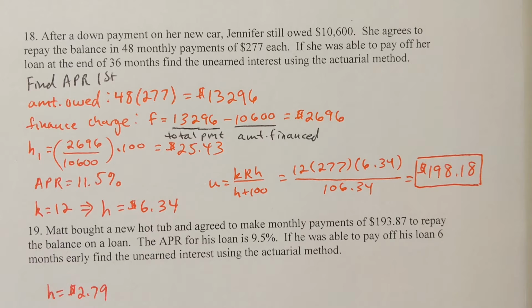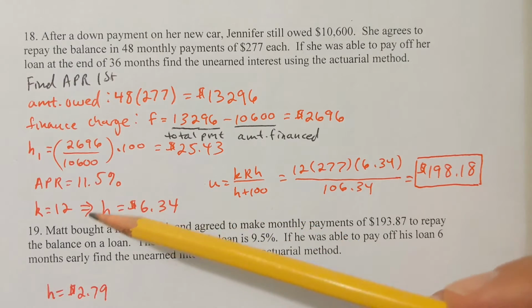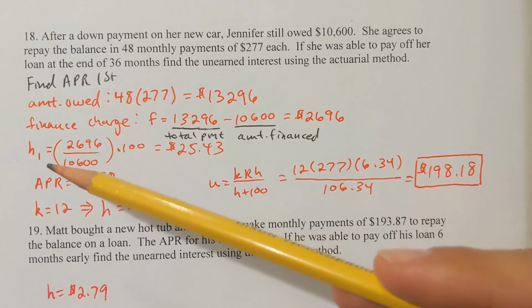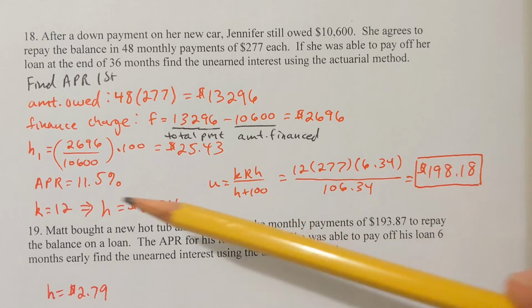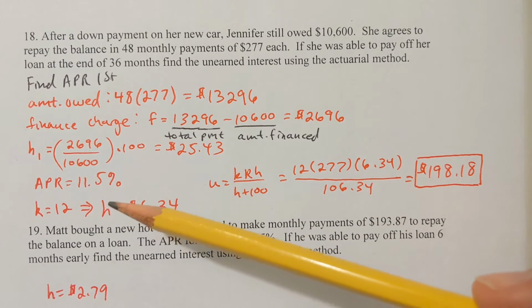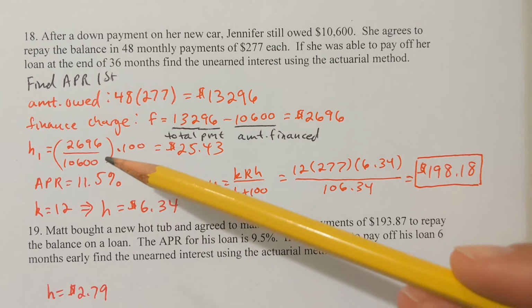To find the H value, I'm going to start by using, I'm going to call this H1, because it's not going to be the H value that I'm going to use here in the formula, because she paid this off early. I got to take note of that.